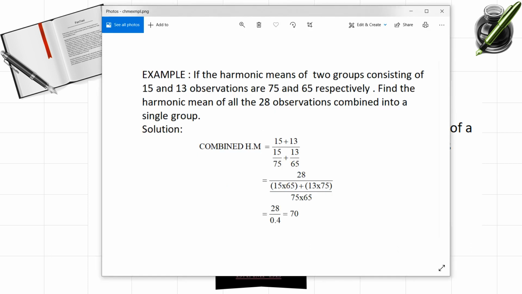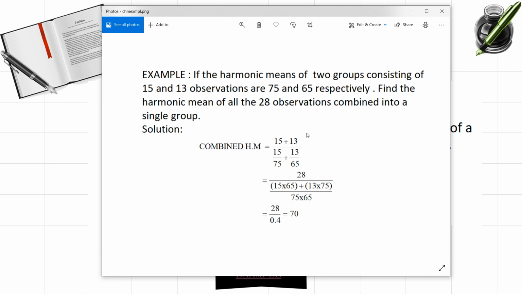Here is an example in which we can see two groups with 15 and 13 observations respectively, and their harmonic means are 75 and 65. Before I gave the formula for some k groups; here only two groups are there. Just add the number of observations in each group, that is 15 plus 13, which gives you the numerator.